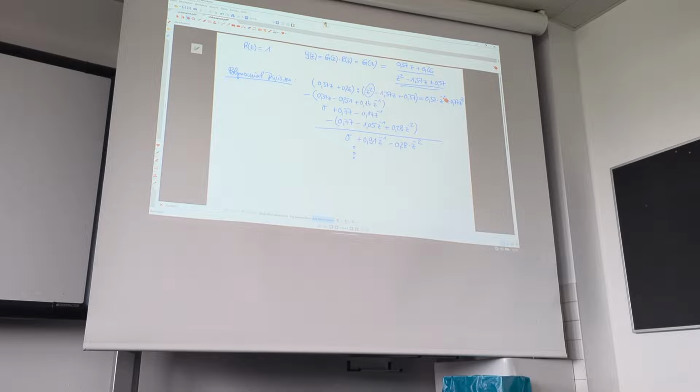So z to the power of -1 means that it's the value at 1 times capital T, so at 1 second. Then the next value was 0.77 after 2 seconds. So that was the second value that we calculated. So let's have a look at the second value and see it's 0.77 and so on.